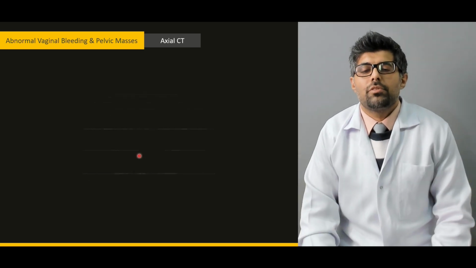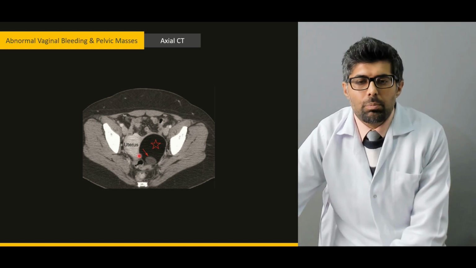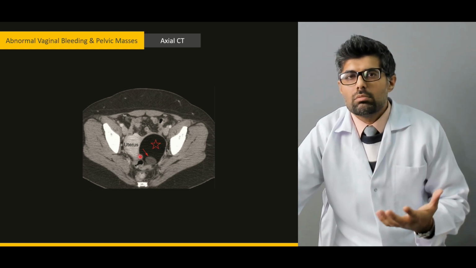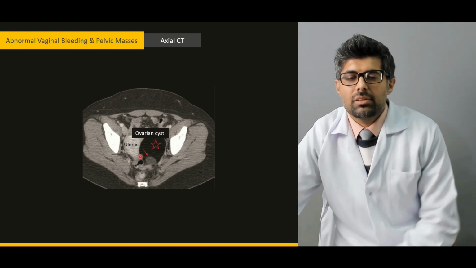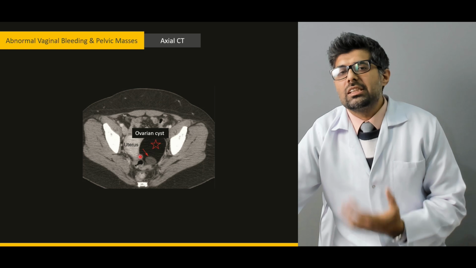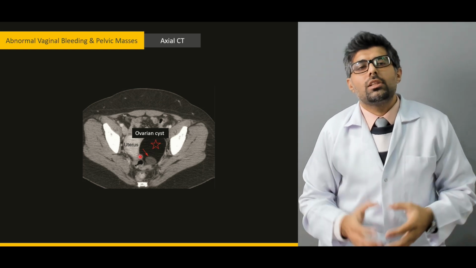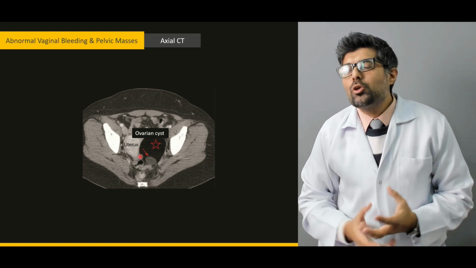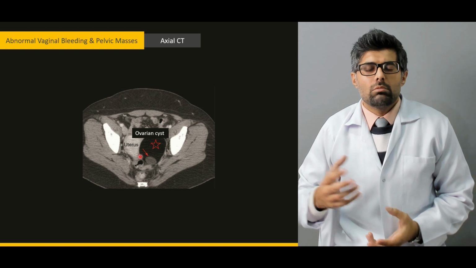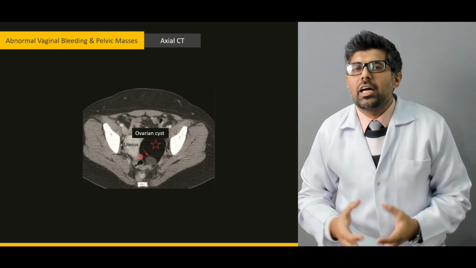Next, we have one of the most common problems encountered in patients with pelvic masses, that is an ovarian cyst. Now, this ovarian cyst is of normal nature, but we do not usually find simple ovarian cysts inside patients.